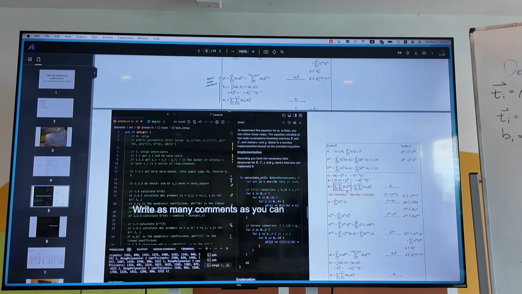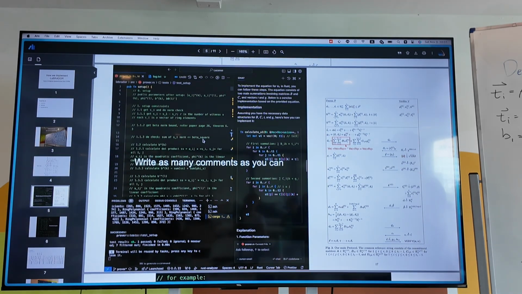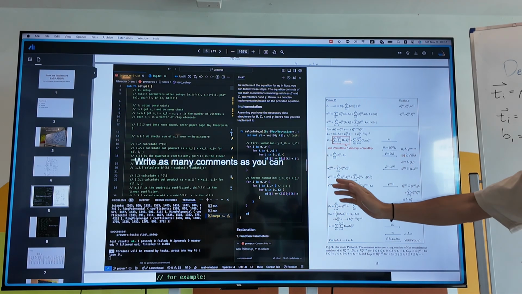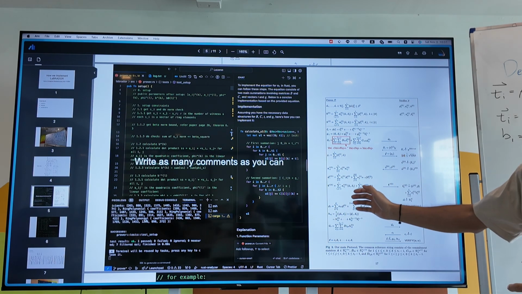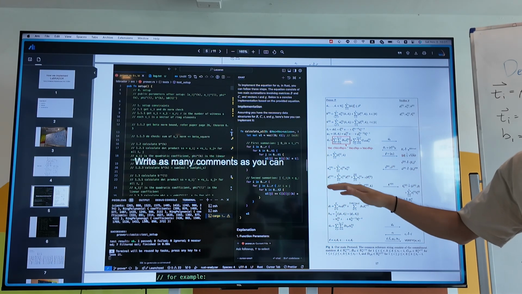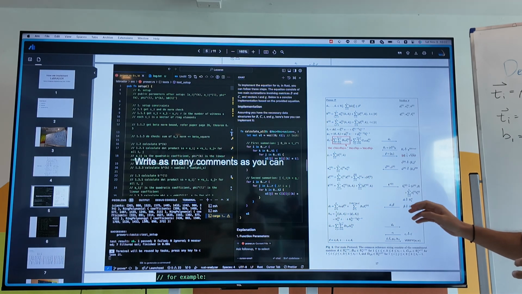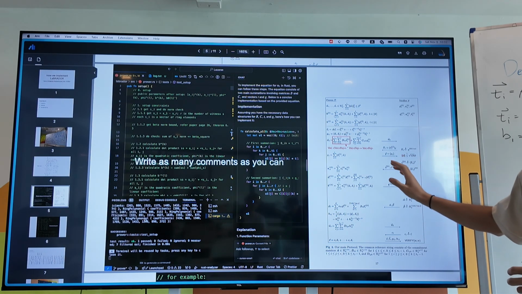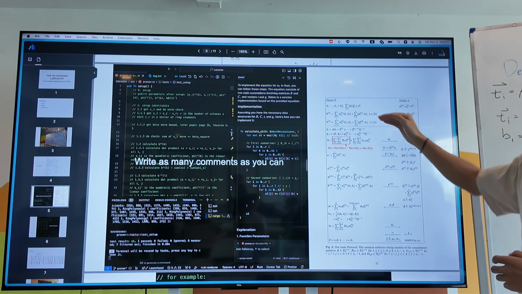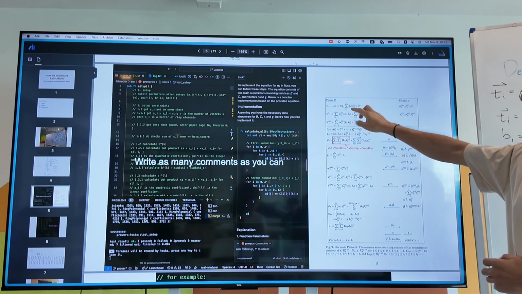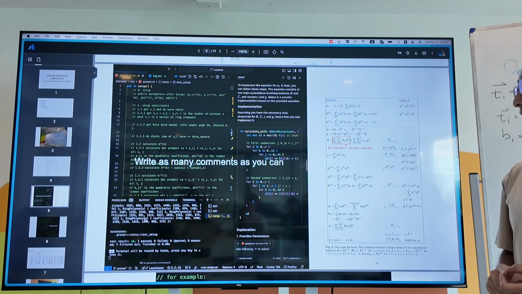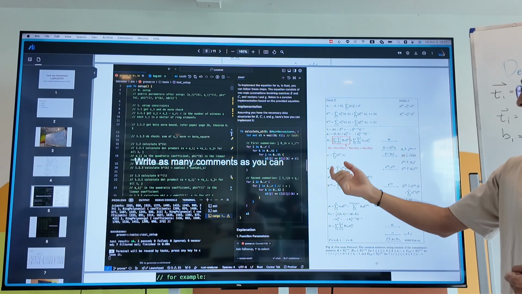Next, we put the paper and our code editor together to write comments. You write as many comments as you can because it's a very abstract math object, and you need to understand what each parameter means and how you can get them.